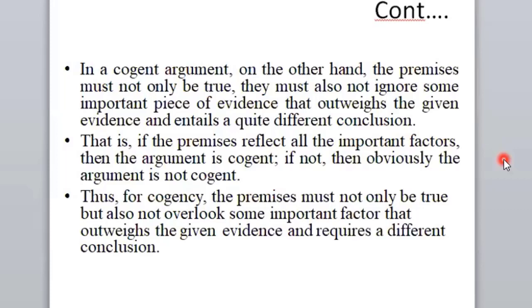They must also not ignore some important piece of evidence that outweighs the given evidence and entails a quite different conclusion. That is, if the premises reflect all the important, necessary factors, because the terminology matters, then the argument is cogent. If not, obviously it is uncogent. Therefore, for cogency, the premises must not only be true, but must also not overlook important factors that outweigh the given evidence and require a different conclusion.